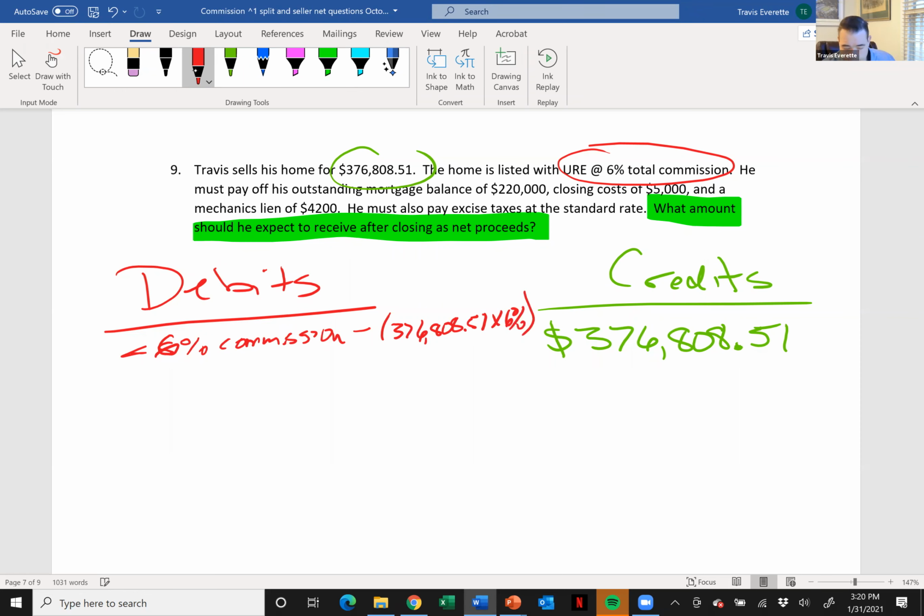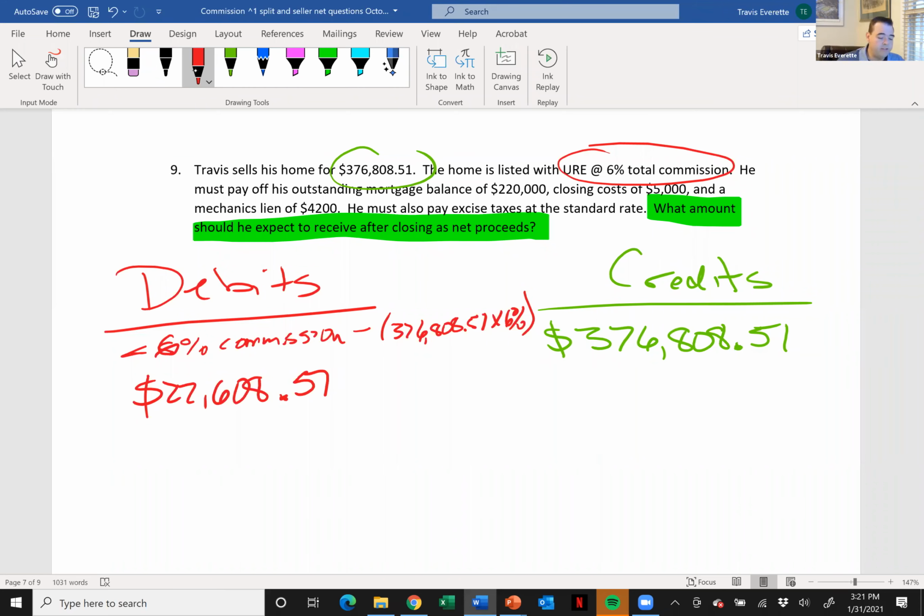So let me do that. I got $22,608 and about 51 cents. Somewhere right around there. If you got 50 cents, if you got 52 cents, it's all right. Okay. $22,608 and about 51 cents for commission.